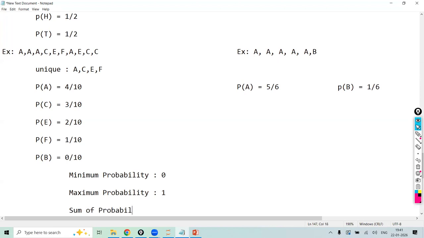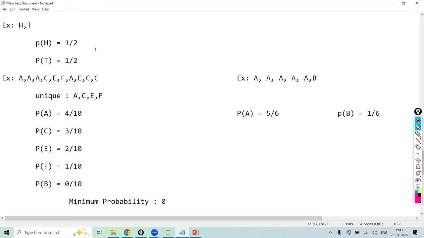Now, in the same way, take any example of your choice. What is the sum of the probabilities there? The sum of the probabilities is always equal to 1. For example, in the first example, what is the sum of the probabilities of each category? You have to calculate the probability for each and every category and then do the sum. That is 1 by 2 plus 1 by 2. What is the total? 1. In the second example, 4 by 10 plus 3 by 10 plus 2 by 10 plus 1 by 10.